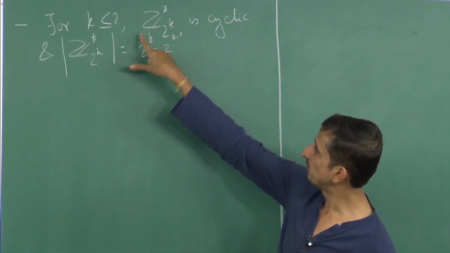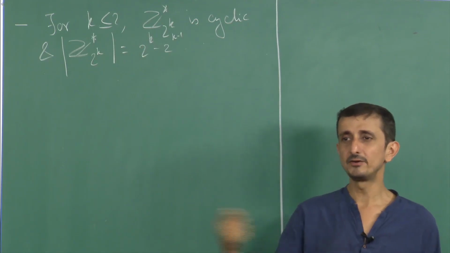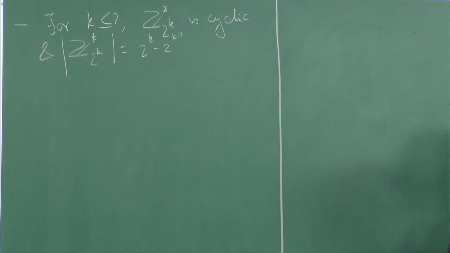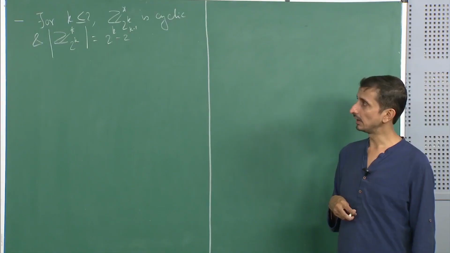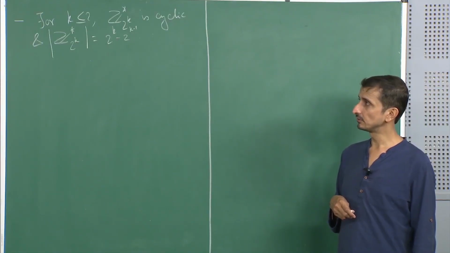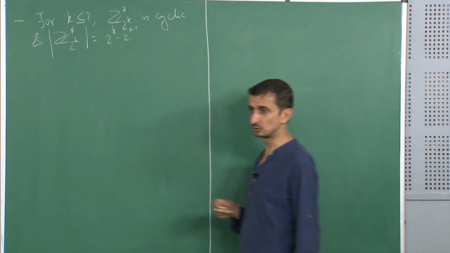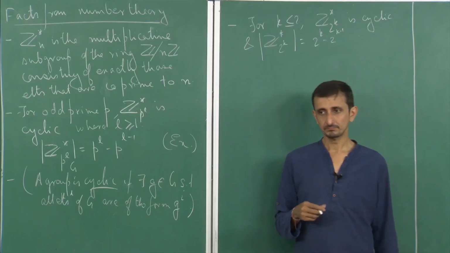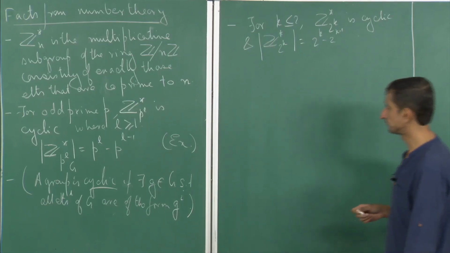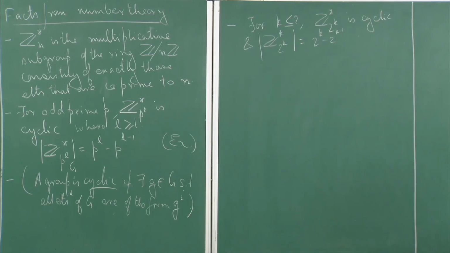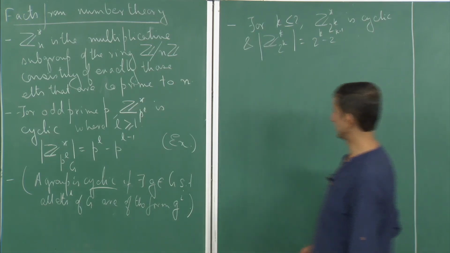When I take k equal to 2, 2 squared is 4, so the multiplicative group will be 1 and 3. 2 is not there. So in both cases it's fine.